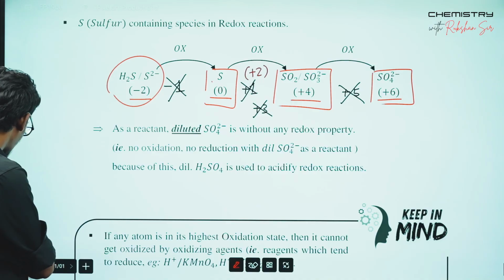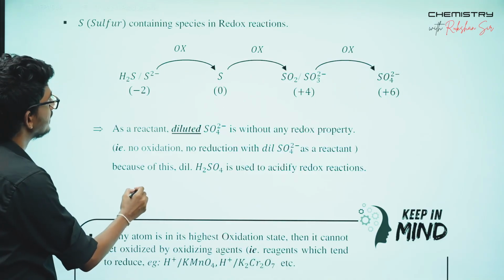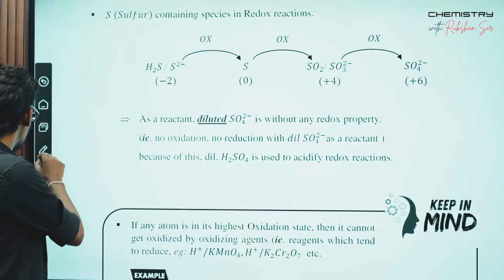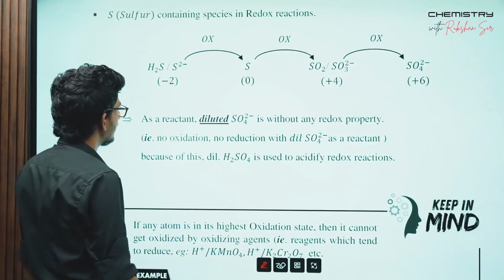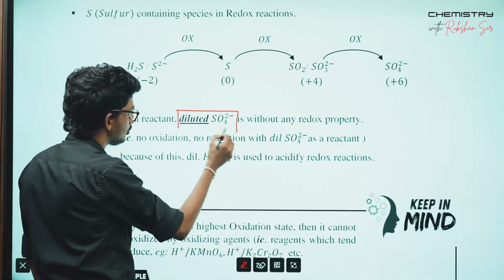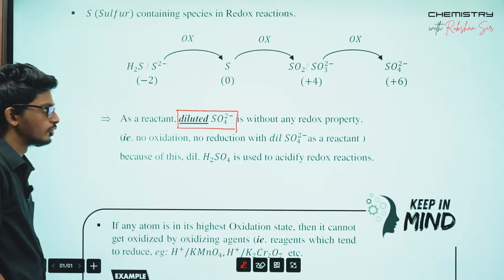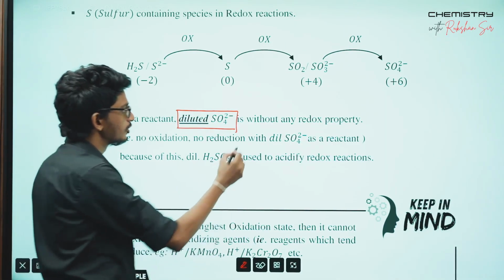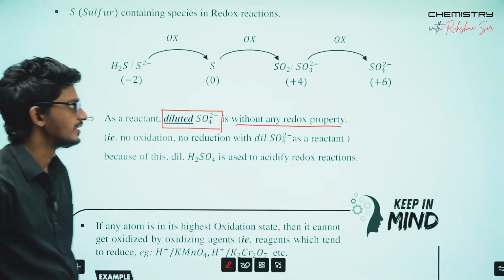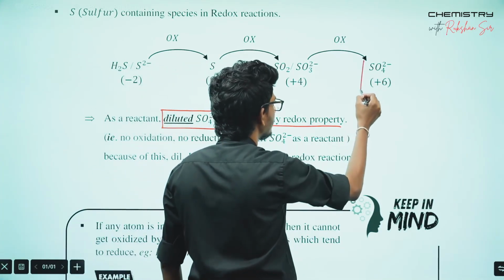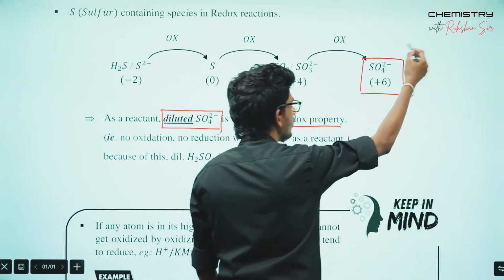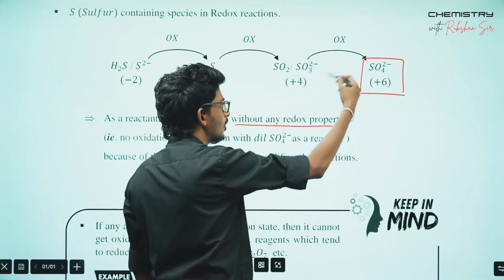And the next point says, as a reactant, diluted H2SO4, diluted SO4^2-, is without any redox property. So you clearly see that when it comes to SO4^2-, there is no arrow starting from it.